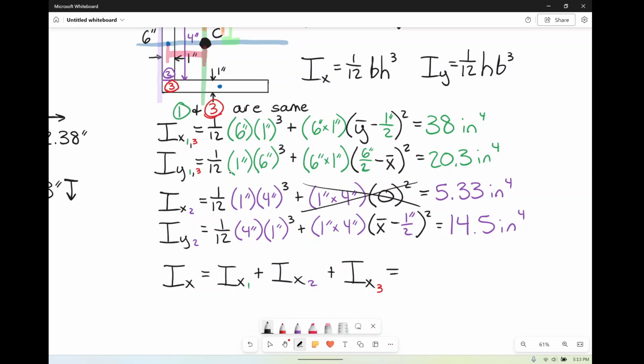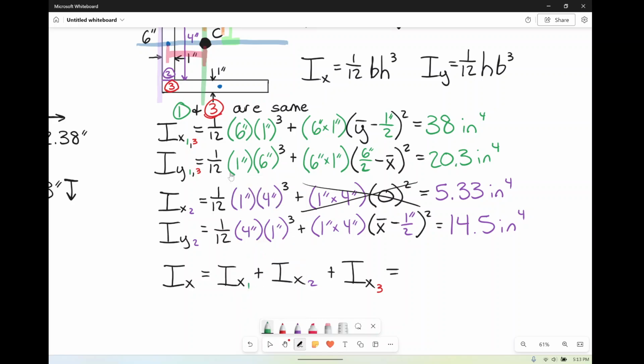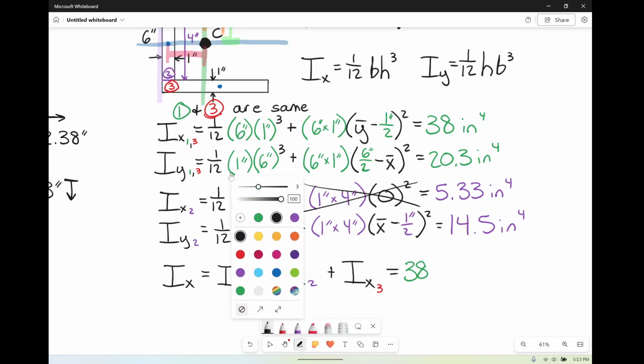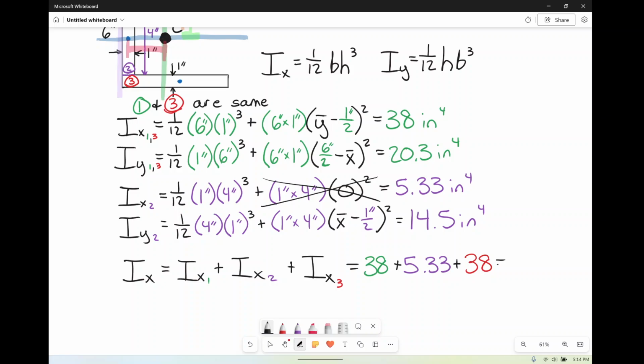Yep, sum them all together. Ix for 1 was 38 inches to the 4th, plus Ix2, which was 5.33 inches to the 4th, and then Ix3 being the exact same as Ix1, 38 inches to the 4th, and we get a grand total of 81.3 inches to the 4th.